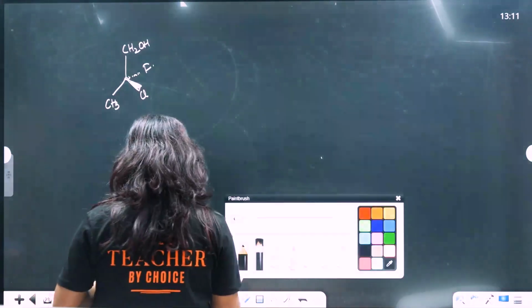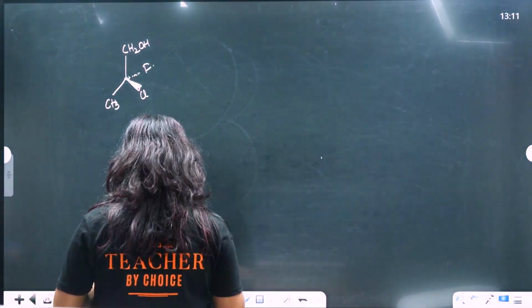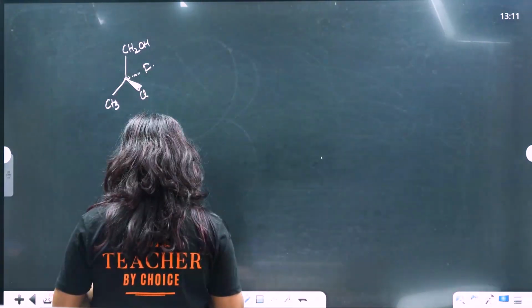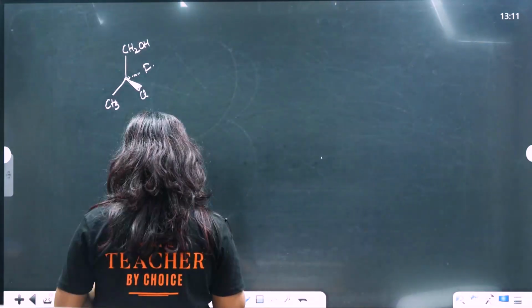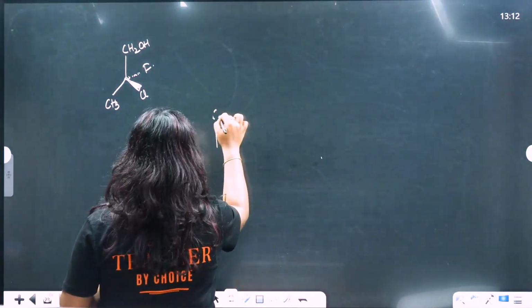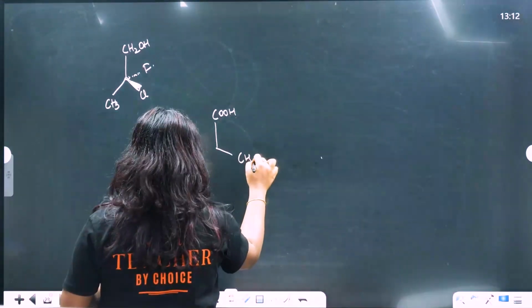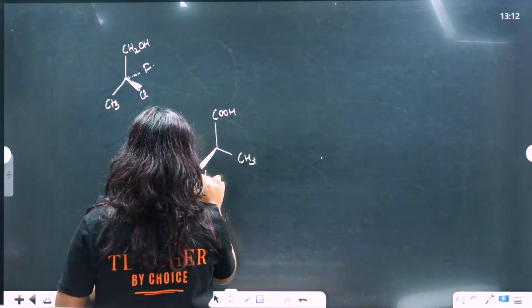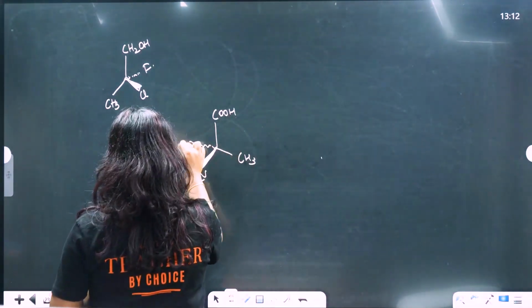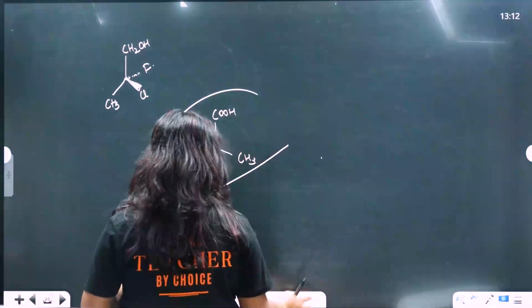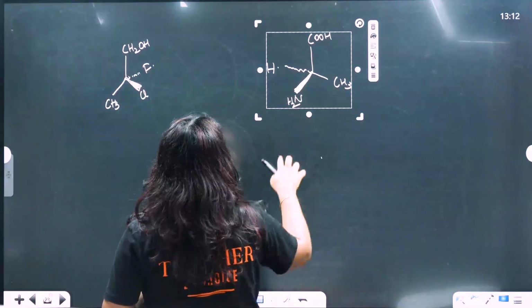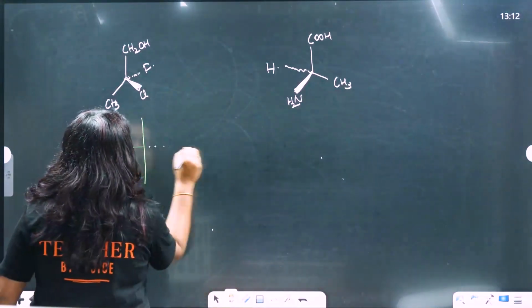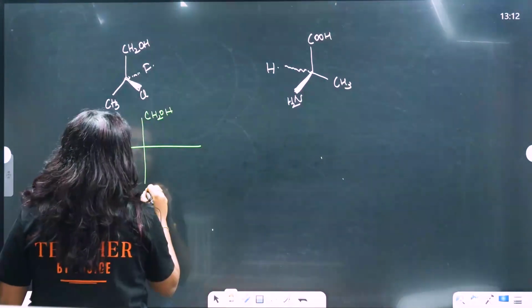Okay, next one. So this one. In the Fisher formula, carbon is there, and in the carbon you have CH2OH here, CH3 here.